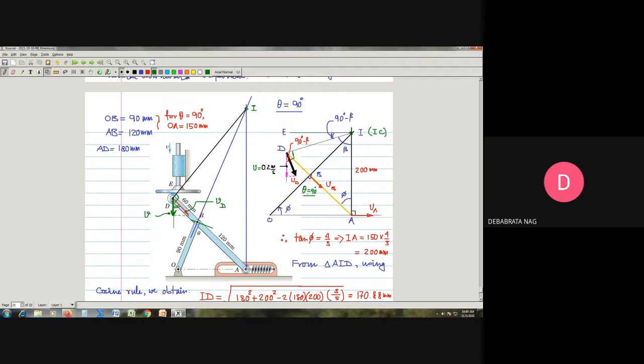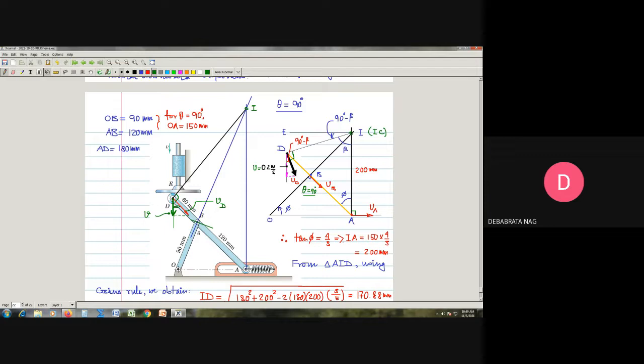So if this is 90 millimeters, and this is 120 millimeters, then obviously the distance OA will be equal to 150 millimeters.